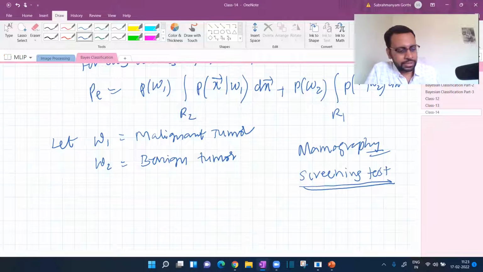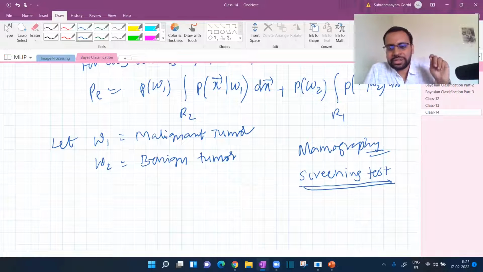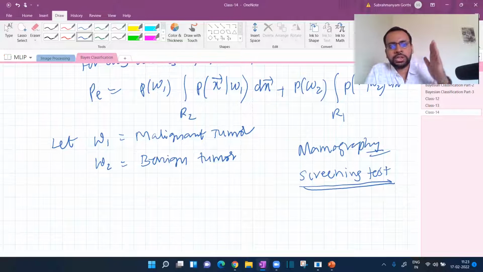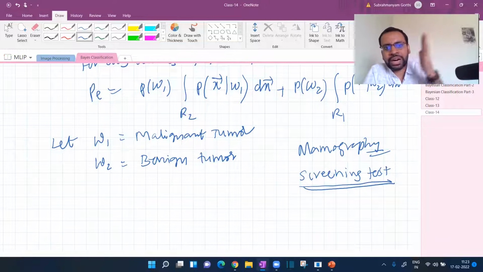See, for example, there are 1,000 students appearing for an IIT exam. You cannot scrutinize each and everybody in detail. 1,000 students for, let's say, 10 positions available. So what you will do is you will bring it from 1,000 to 100.